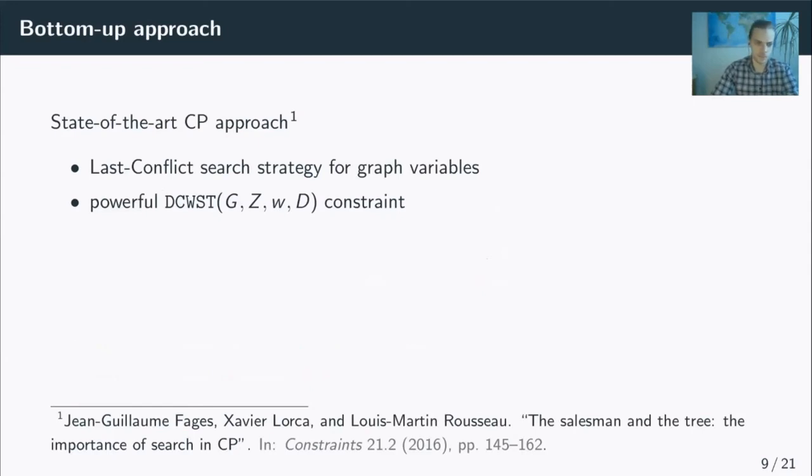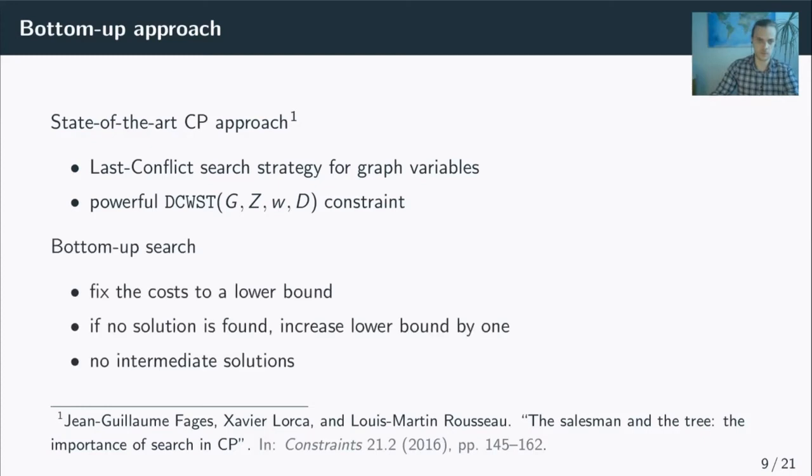In particular, this constraint enables them to get a really tight lower bound on the cost, and this is the motivation for them to use a bottom-up search, which is the following procedure. So you fix the cost to some lower bound, and then you search the entire search space, and if no solution is found, you increase the lower bound by 1, and then you iterate this process until you find a solution, and by construction this will be the optimal one.